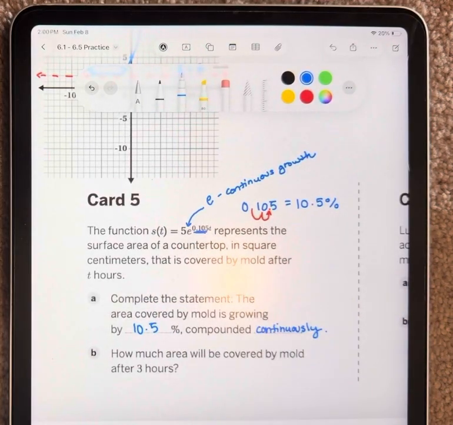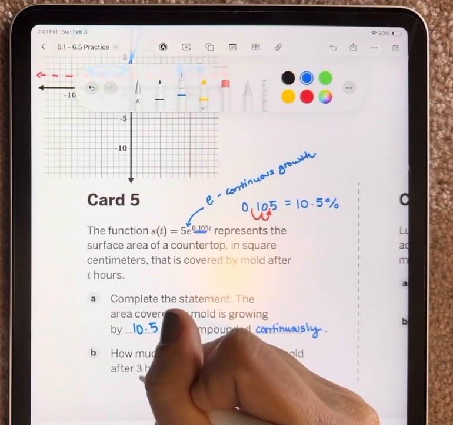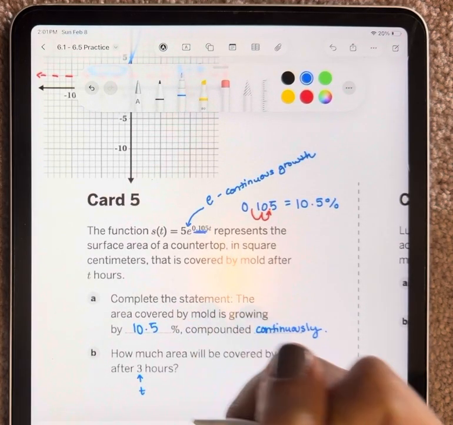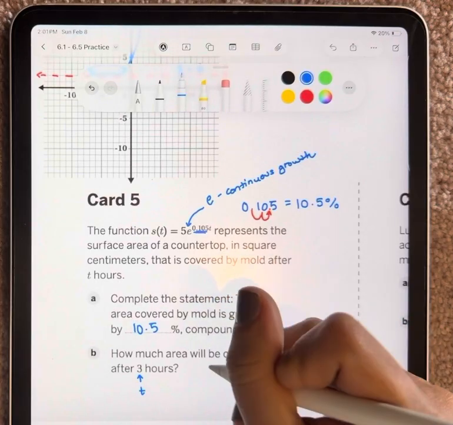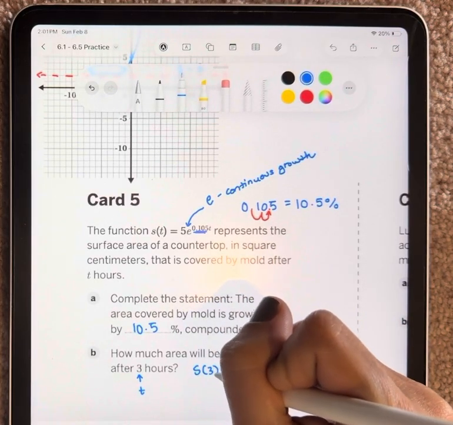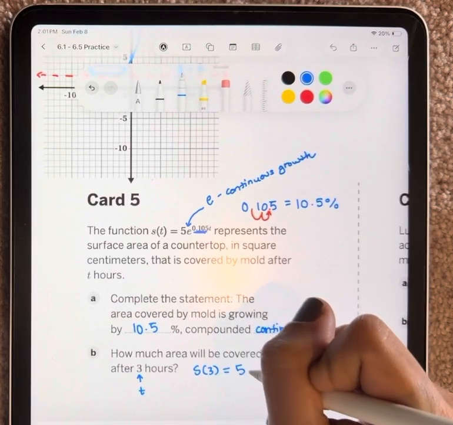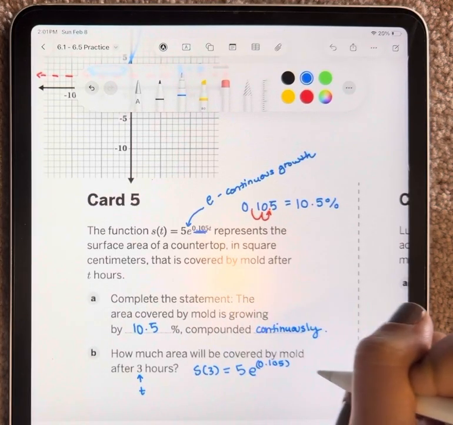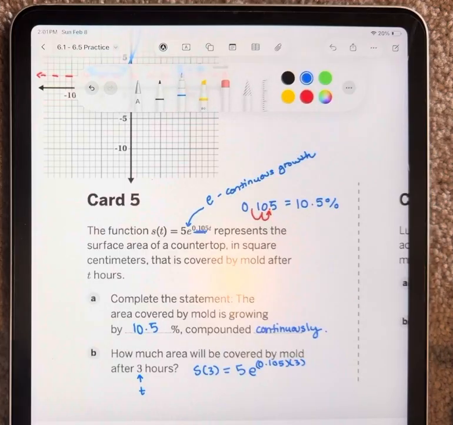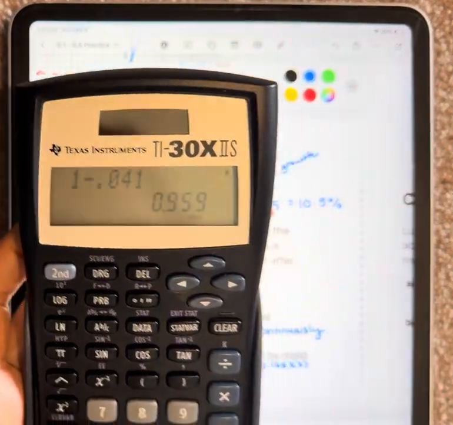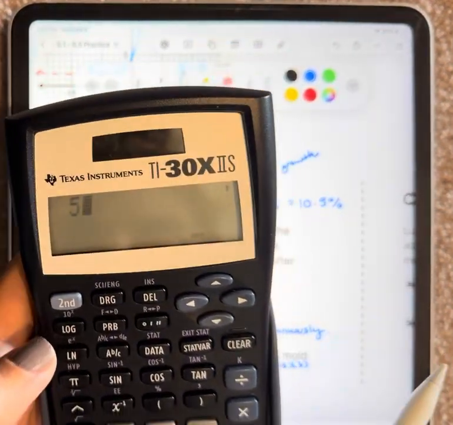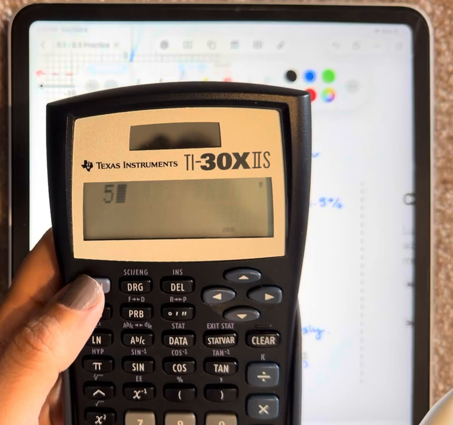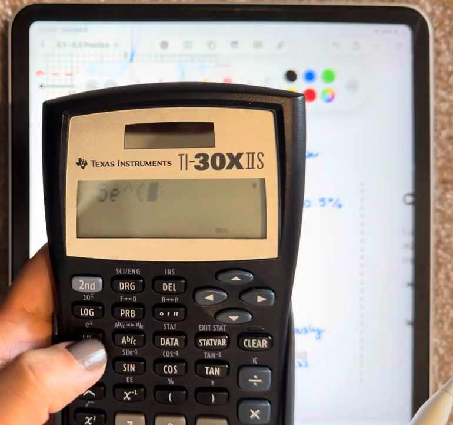All right. How much of the area is going to be covered by mold after 3 hours? That means I got to let 3 be t. So I go to this exact formula. I'm calculating S of 3. And this can go in my calculator in one shot, watch. So 5, you find your e to the x, which is second that ln button.